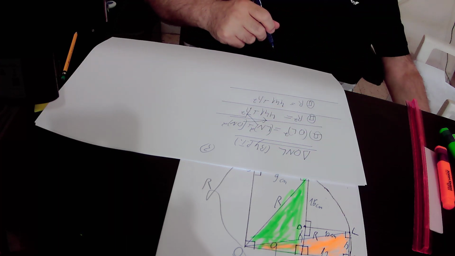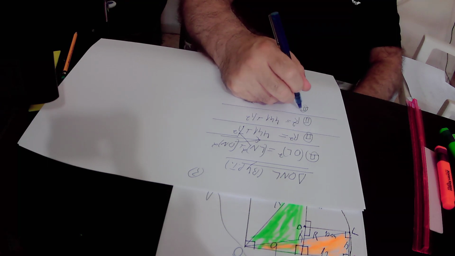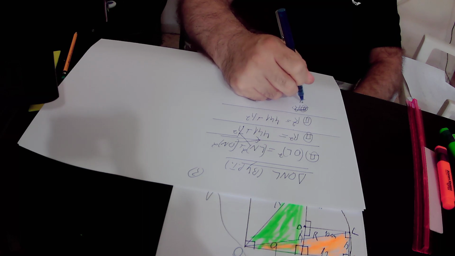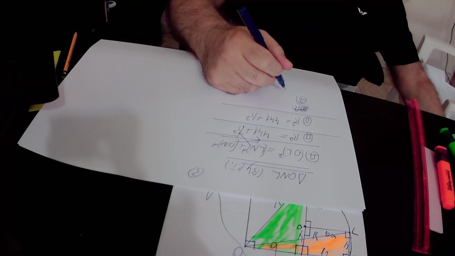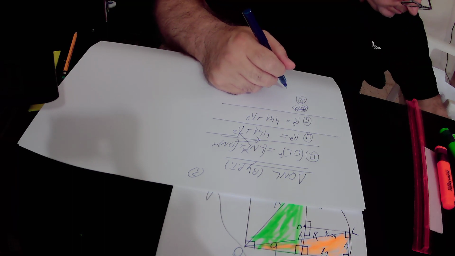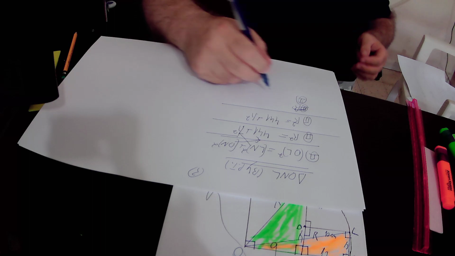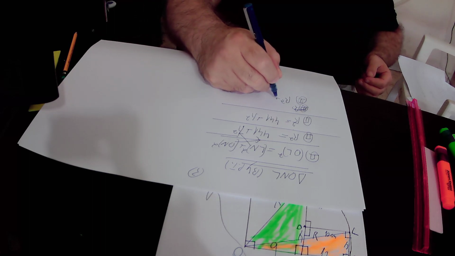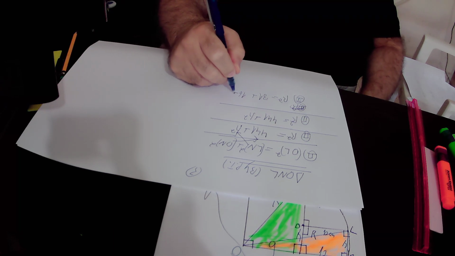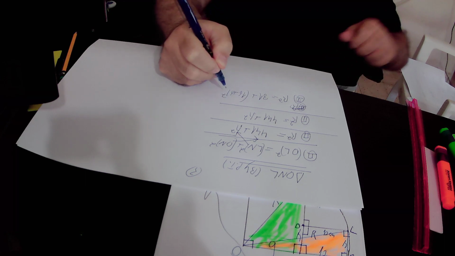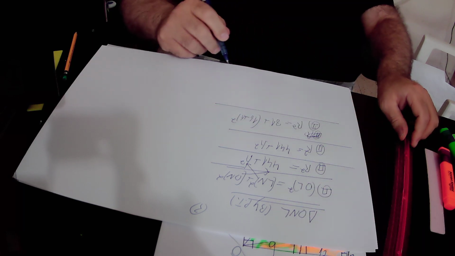While according to equation number 1, we have already found out that R squared equals 81 plus (16 plus h) squared. We actually have two different expressions for R squared.